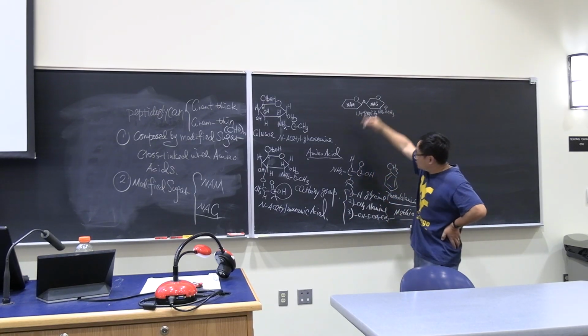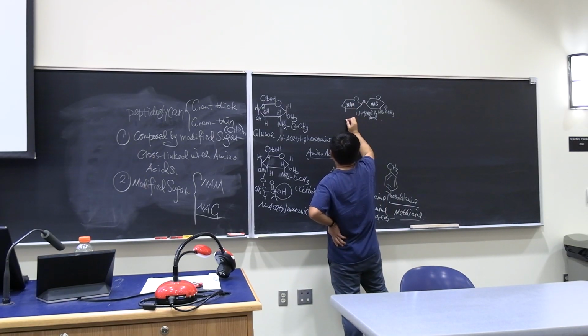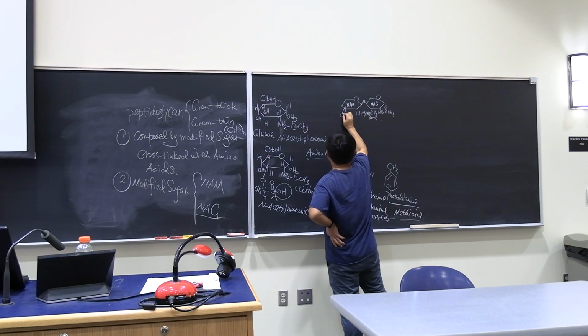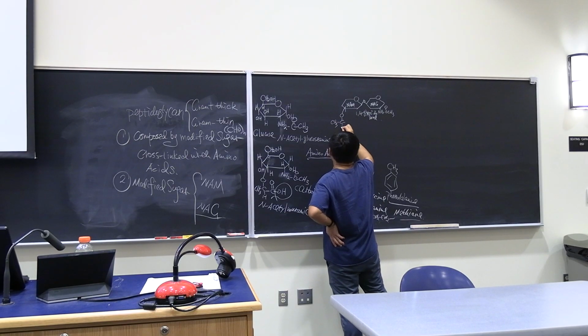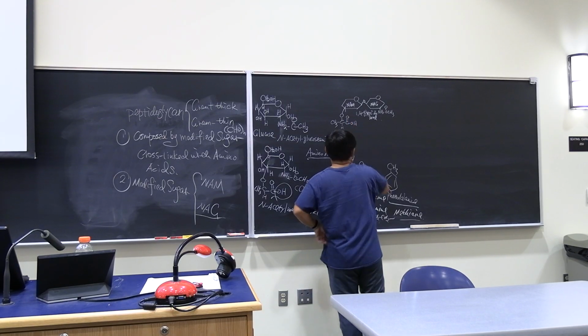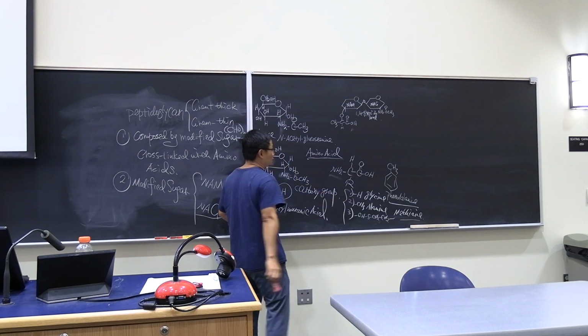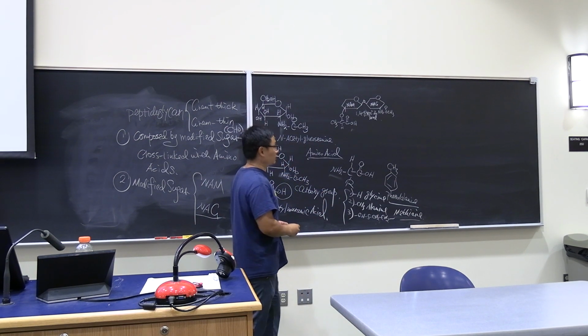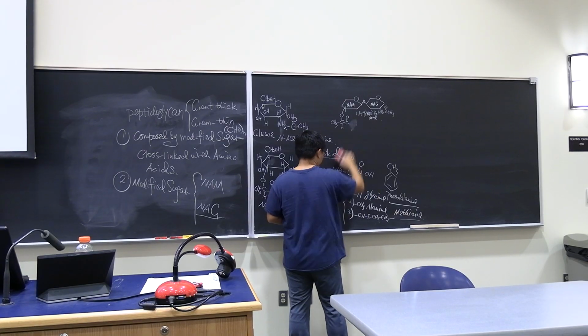How are they connected vertically? Remember, this O goes here. Then you have CH3, H, C, OH. And this could connect with here through a peptide bond, which looks similar.